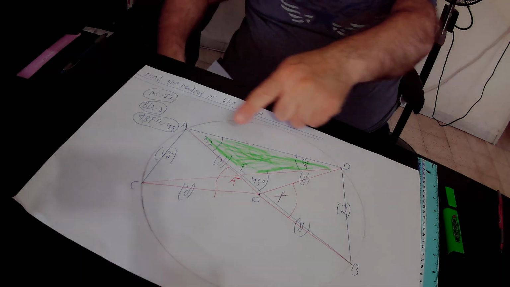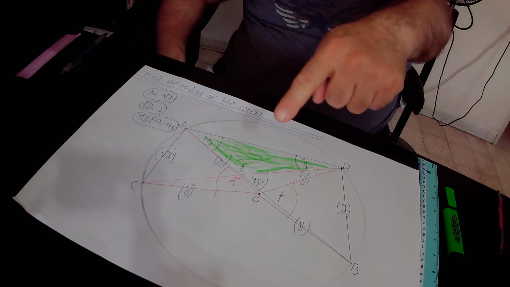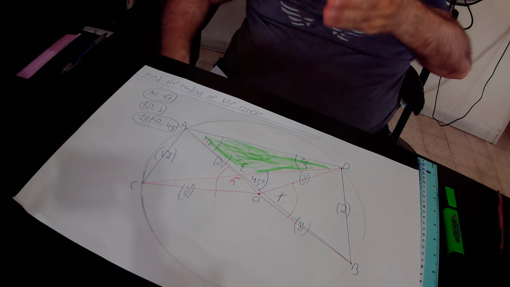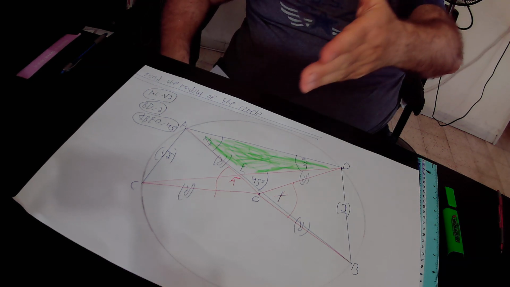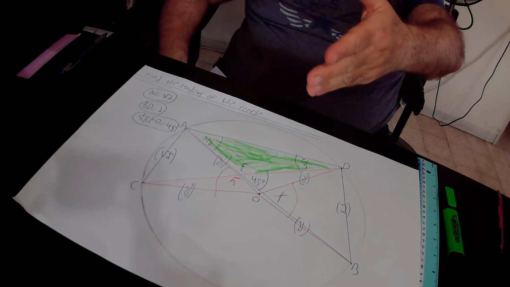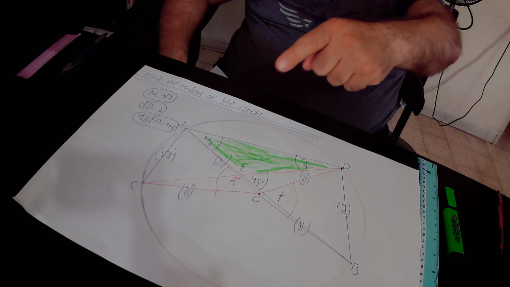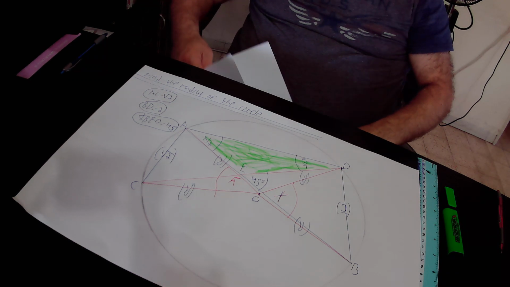We know that OA equals OC equals OD equals OB. They are the radius of this circle that equals R. Therefore, all those 4 line segments are defined as the radius of this circle that is R.